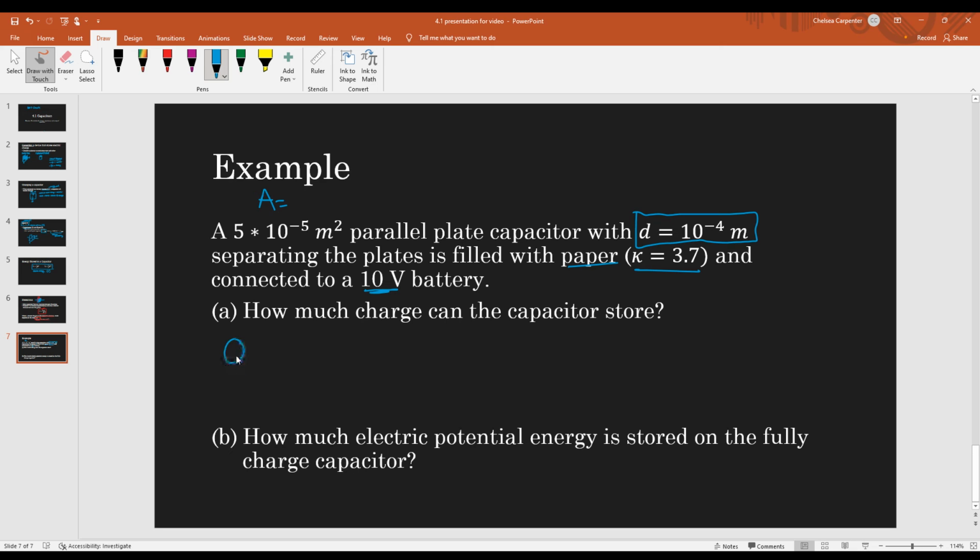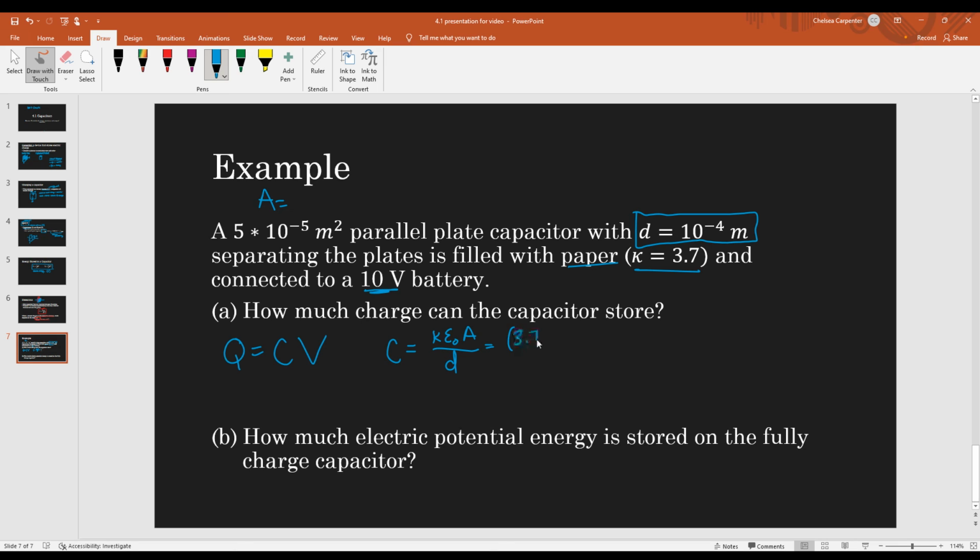So we're looking for Q, and our new formula is that charge equals capacitance times potential. I don't know what capacitance is yet, so let's use that formula to calculate capacitance, which is kappa times vacuum permittivity times area over distance between the plates.